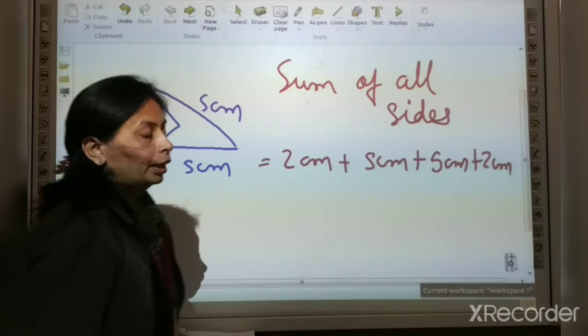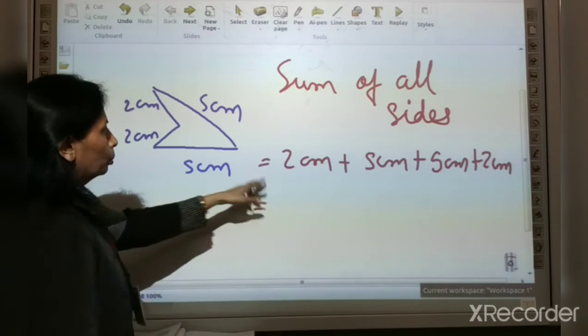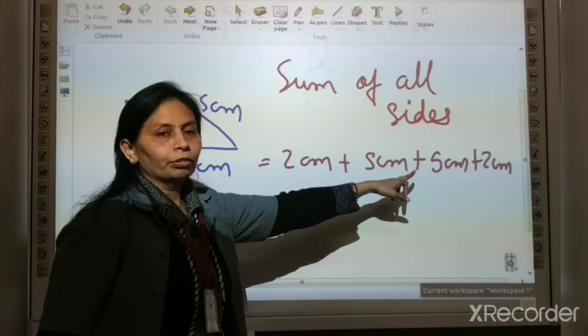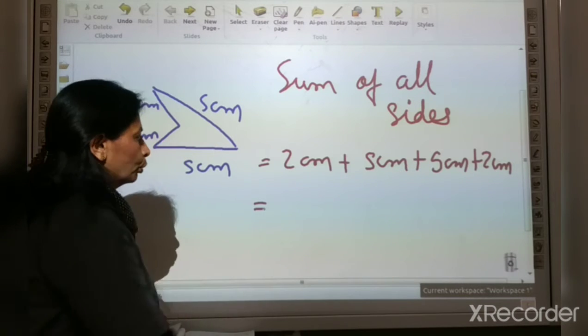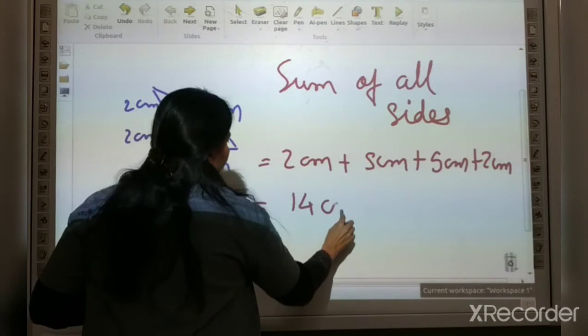Now adding, 2 plus 5, 7, 7 plus 5, 12, 12 plus 2, 14. Answer is 14 centimeters.